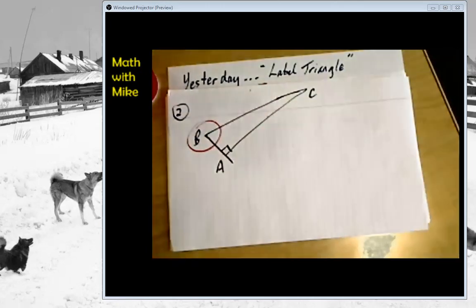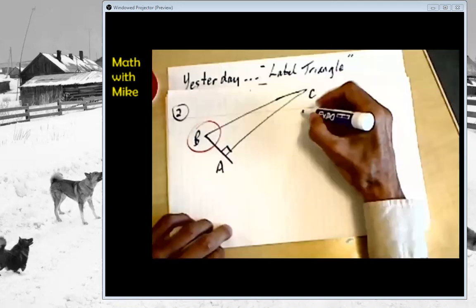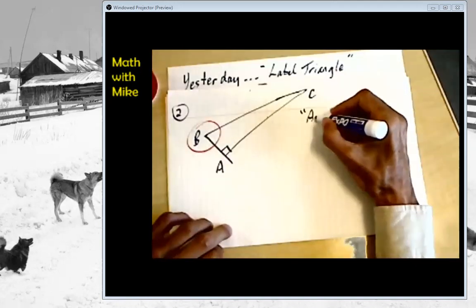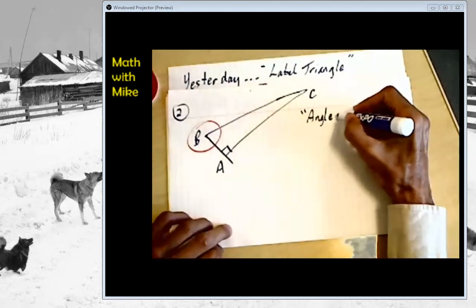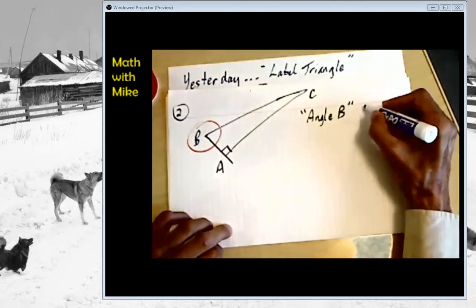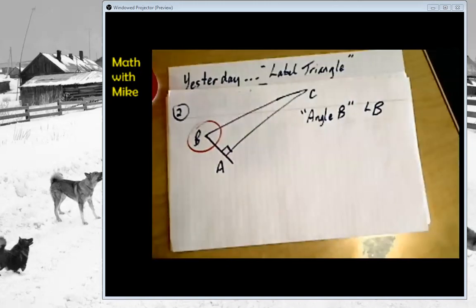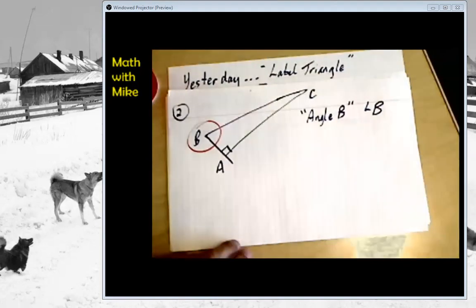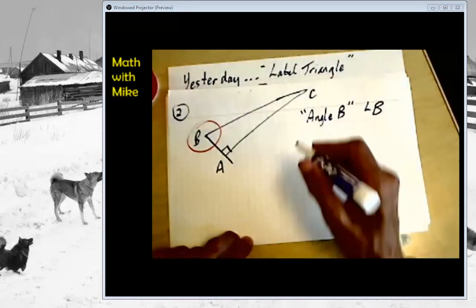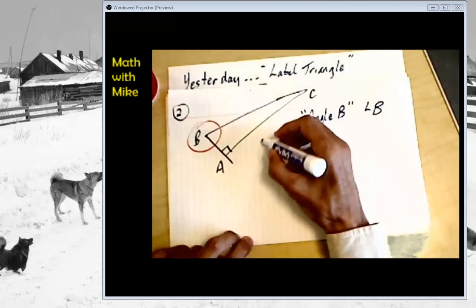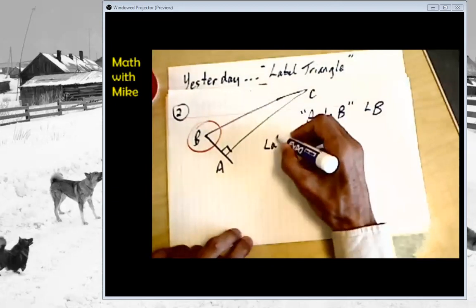So pointed out in class, angle B can be written with this symbol here. It's like a little L. Okay, so the instructions are label the sides.